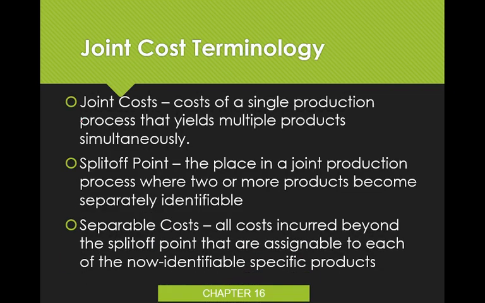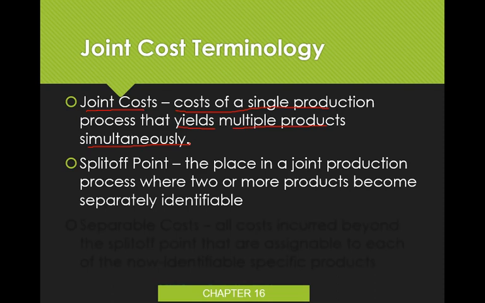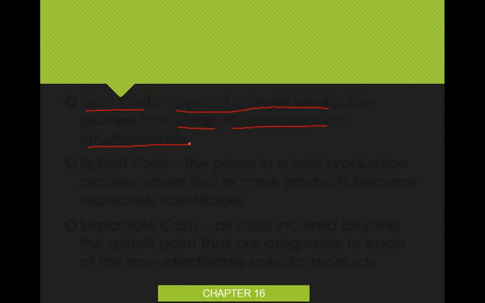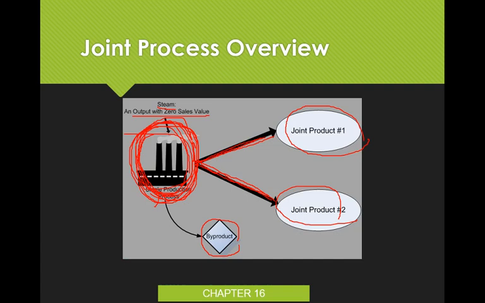Here we have joint cost. By joint cost we mean the cost of a single production process that yields multiple products simultaneously. If we go back to our example, we have a single process, the refinement, that produces multiple outputs.